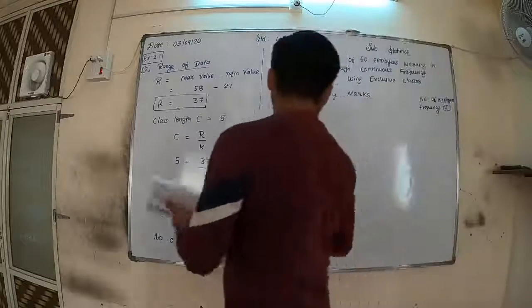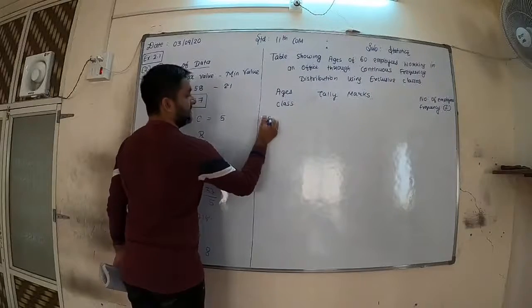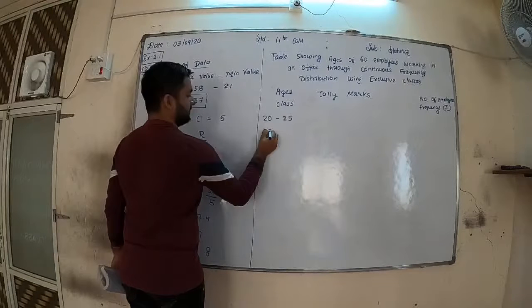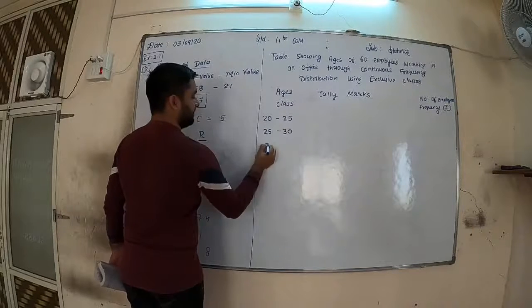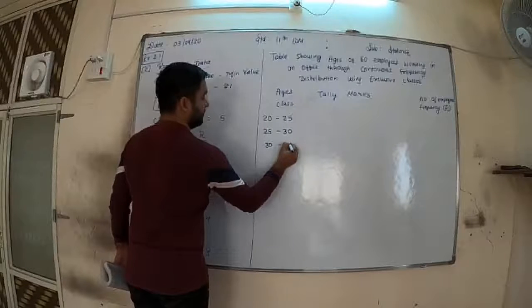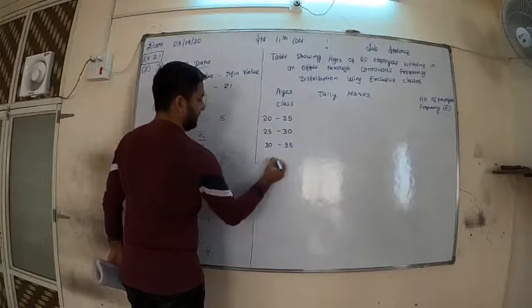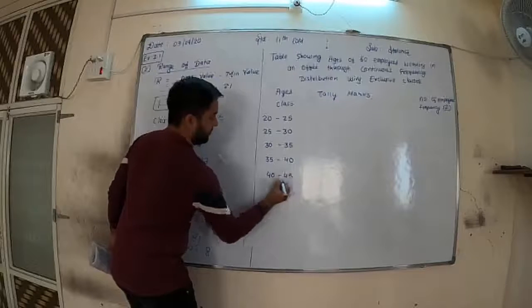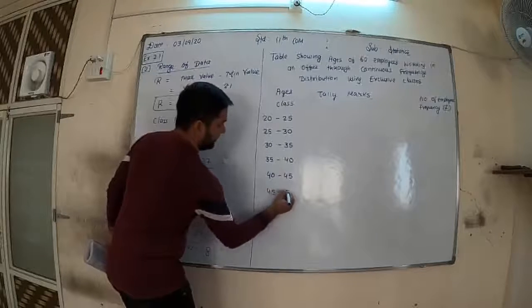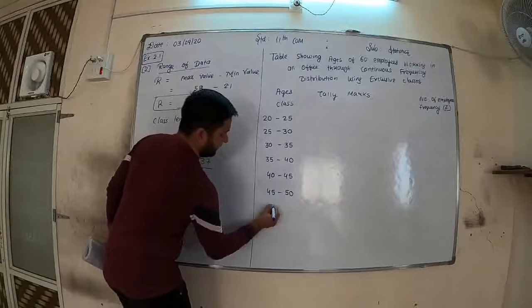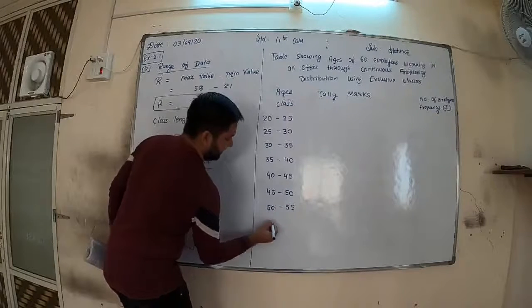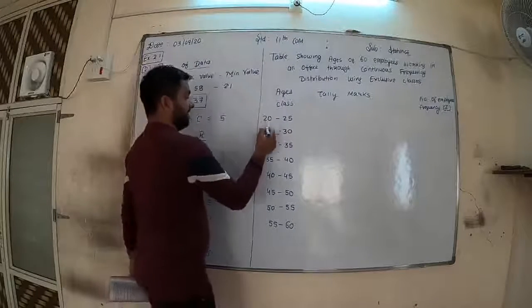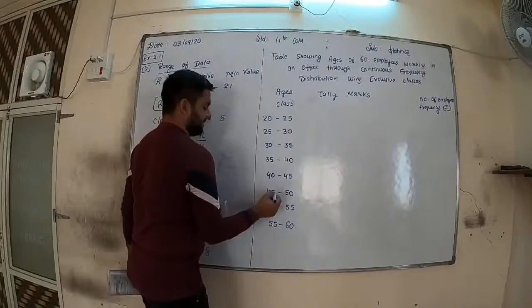Okay, first I am writing all the classes, as the minimum should be 25, 30, 35, 35 to 40, 40 to 45, 45 to 50, 50 to 55 and 55 to 60. Now we will count 1, 2, 3, 4, 5, 6, 7 and 8.